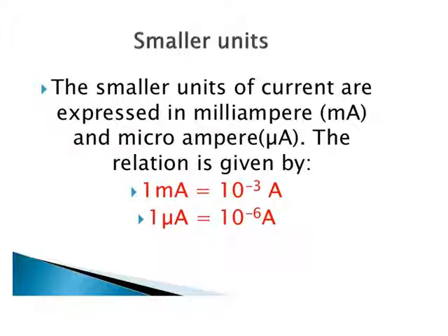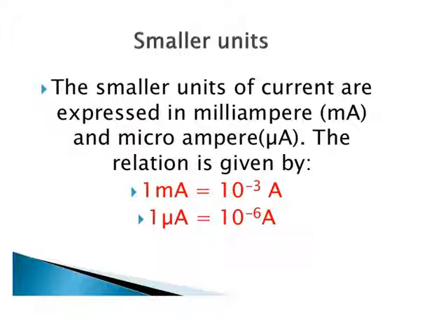So we know that current is expressed by an SI unit called ampere, and let us look at the smaller versions of the electric current. The smaller units of current are expressed in milliampere (mA) and microampere (μA).